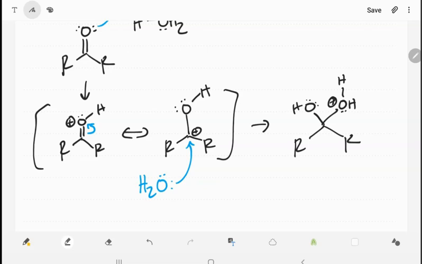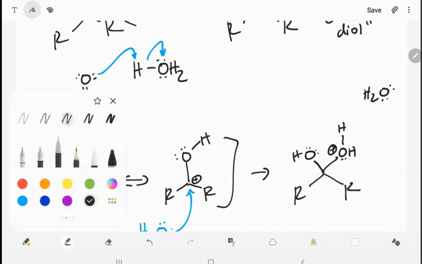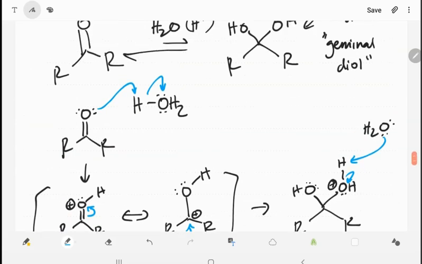It's now got the extra proton on. And look who else is around. Oh, something to come over here and grab that extra proton, thereby giving us our product.